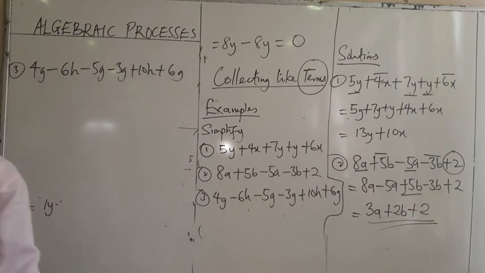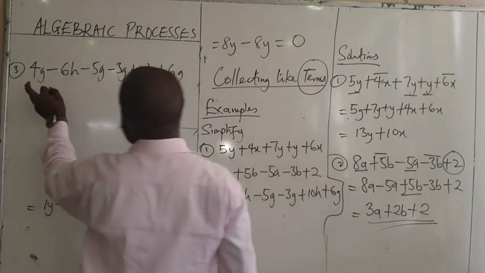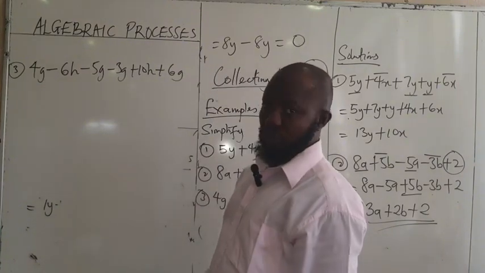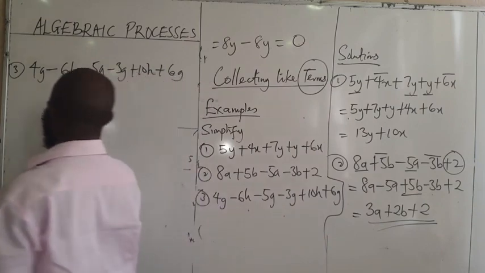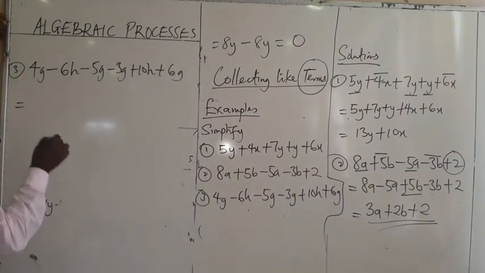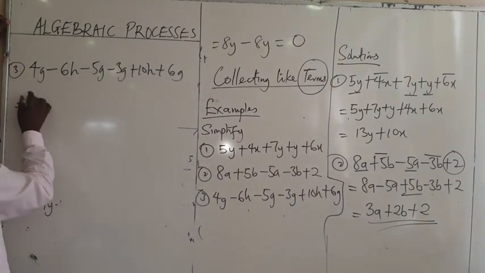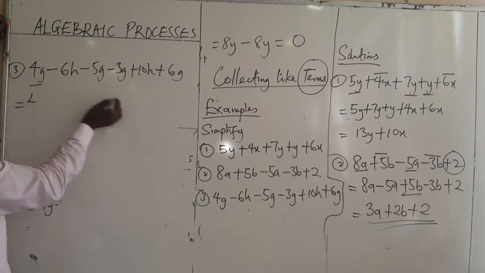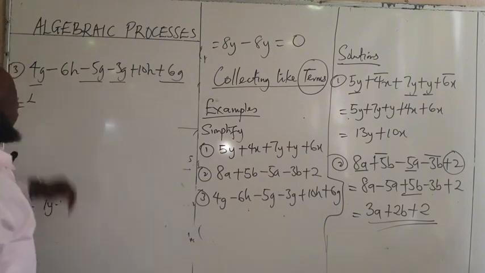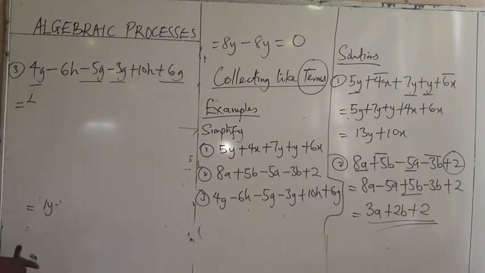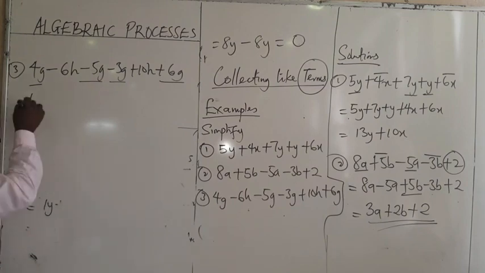This one is very long, but it doesn't matter. What you can see, notice here, is that we have 2 variables which are g and h. So we're going to collect like terms as well. So we bring all the g's together. That is 4g, 5g, 3g, and 6g. But when you are bringing them together, you have to put the ones with plus signs together first.